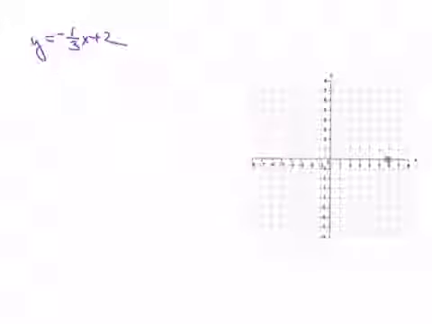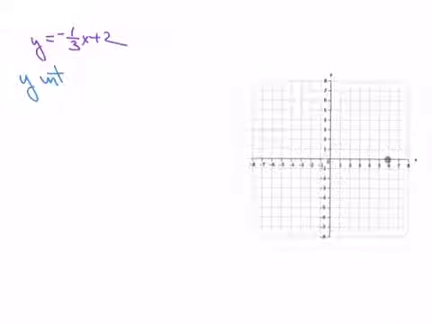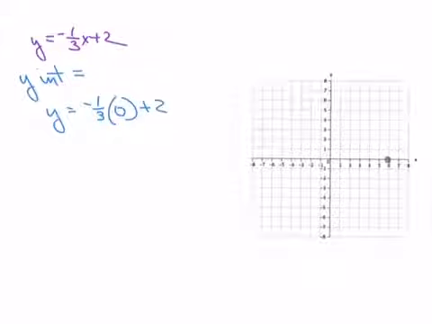So to find the y-intercept, we put in 0 for x, which helps because it takes away that fraction right there, and y equals 2. So I put y equals 2 there, and I have a graph. Okay? So that's it.